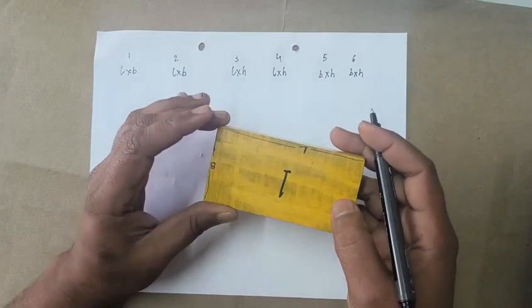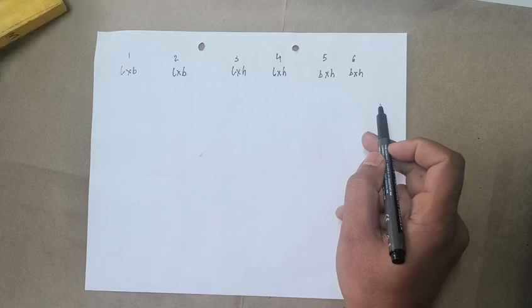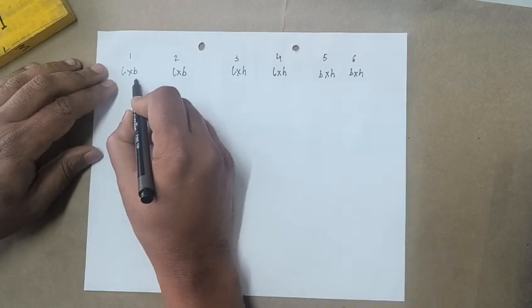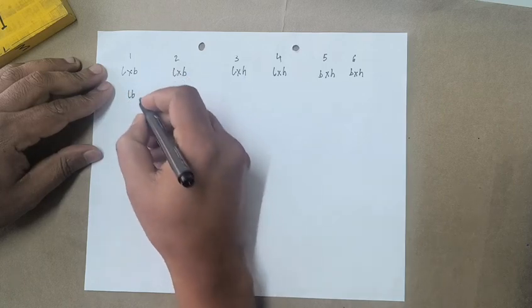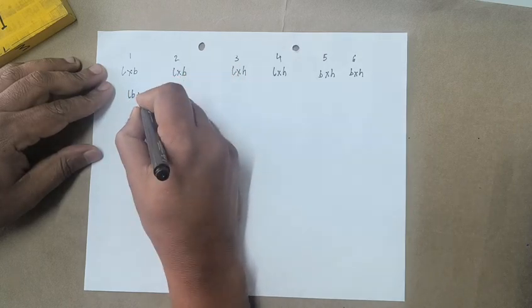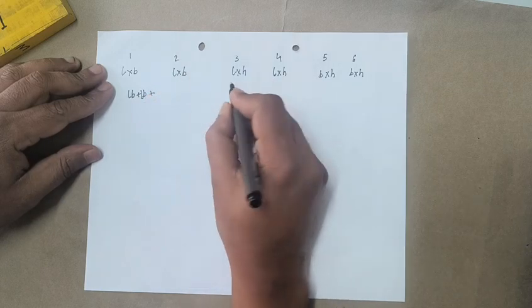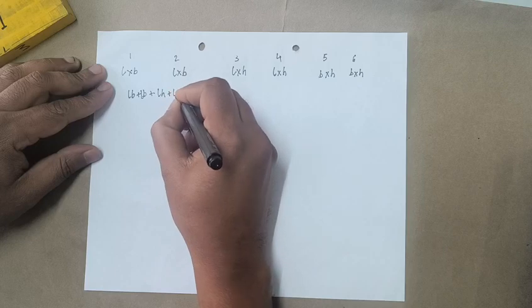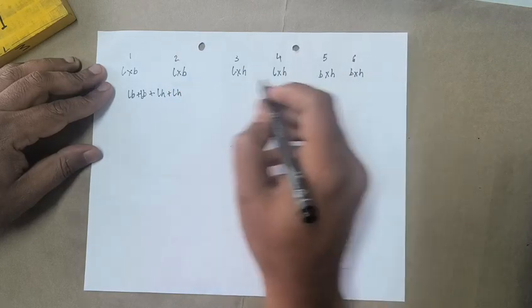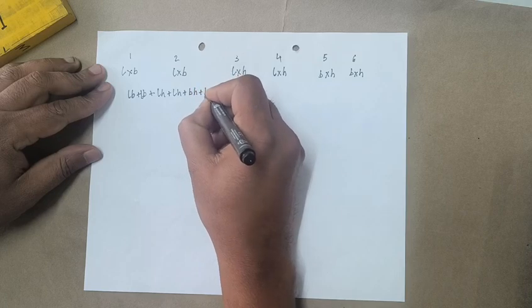So the total surface area of this cuboid will be the sum of all of these values. L into B in algebra can be written as LB, and we have LB plus another LB, plus length times height written as LH plus LH, and breadth times height written as BH plus BH.